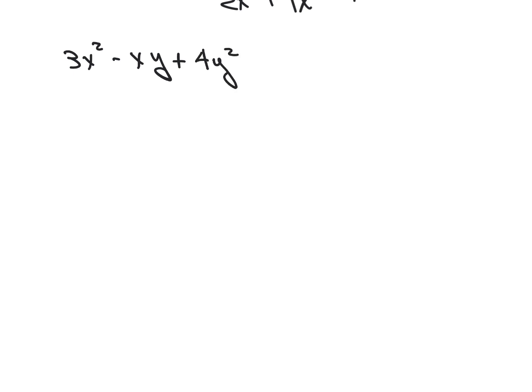And we're going to multiply that by 2x minus 3y. Notice the 2 terms I put as far right as I could, and I put them vertical here in columns.